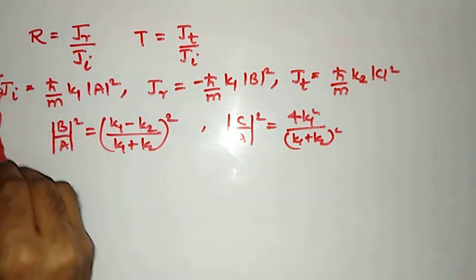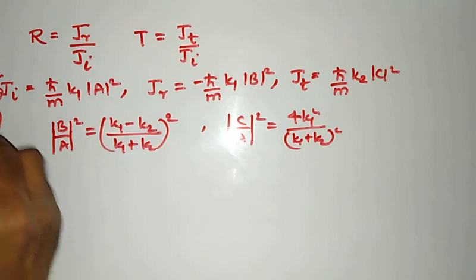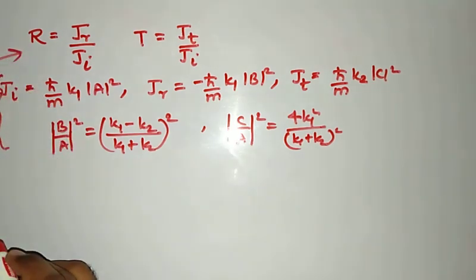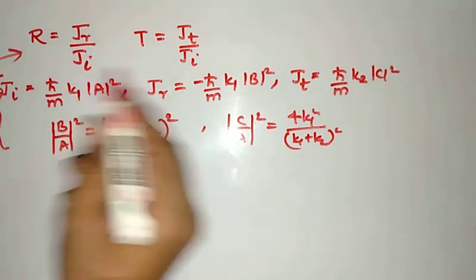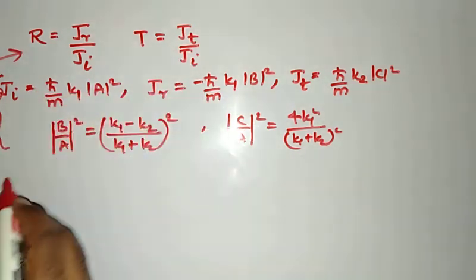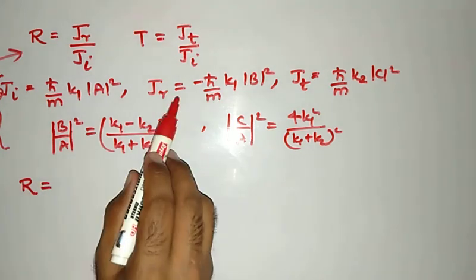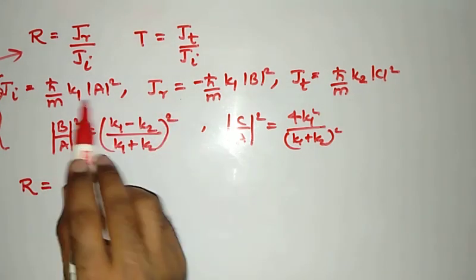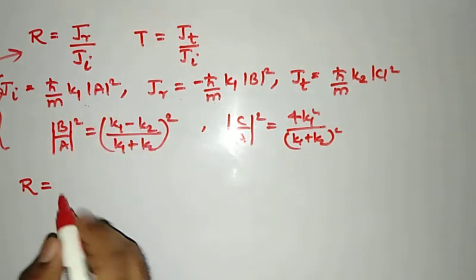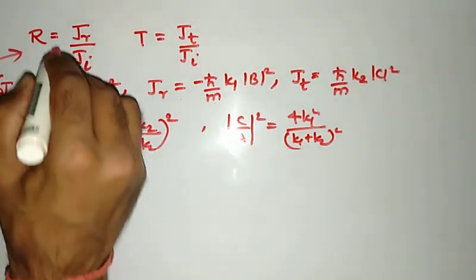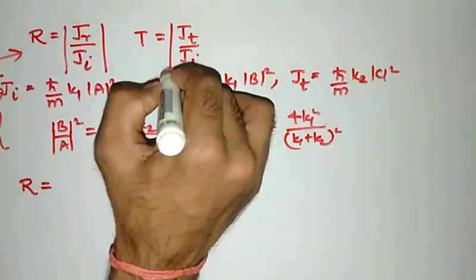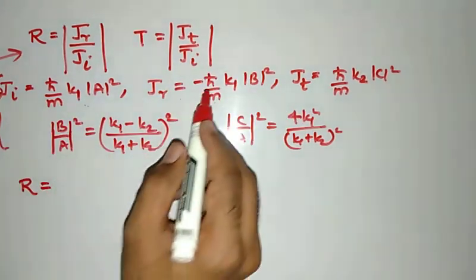Now using this relation we will find the reflectance and transmission coefficients. So this is our final stage. Find out R, which is JR by JI. This will be the modulus.